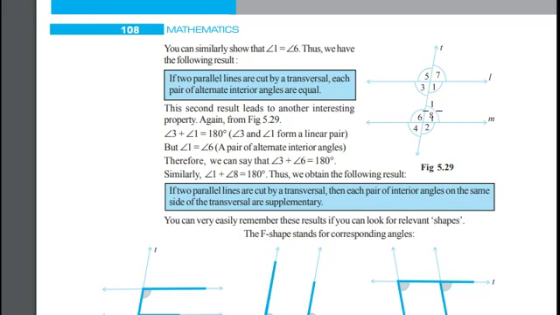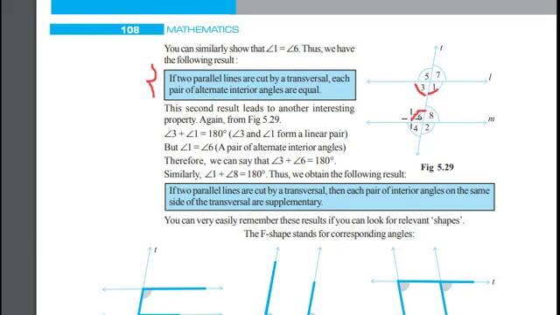We know that the measure of angle 1 plus measure of angle 3 is equal to 180 degrees because 1 and 3 form a linear pair. But measure of angle 1 is equal to measure of angle 6. We saw this when we were proving this statement. If two parallel lines are cut by a transversal, each pair of alternate interior angles are equal.